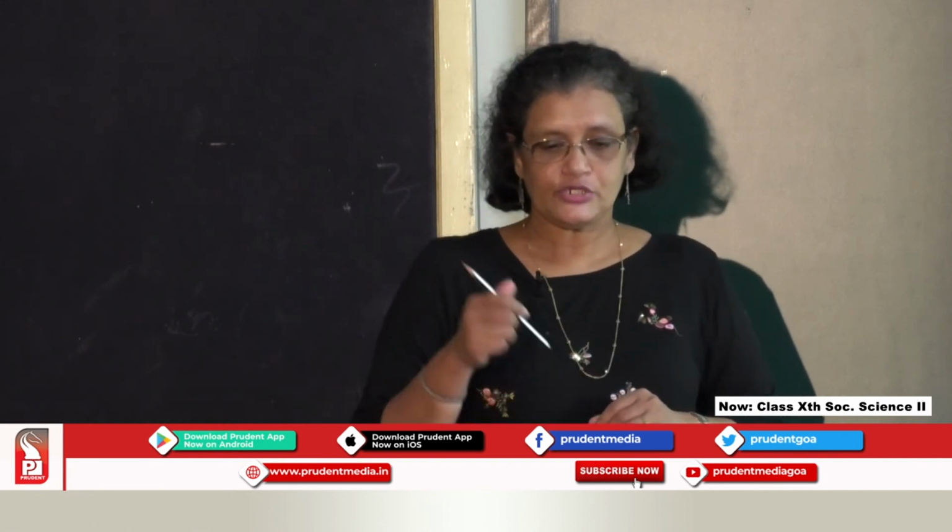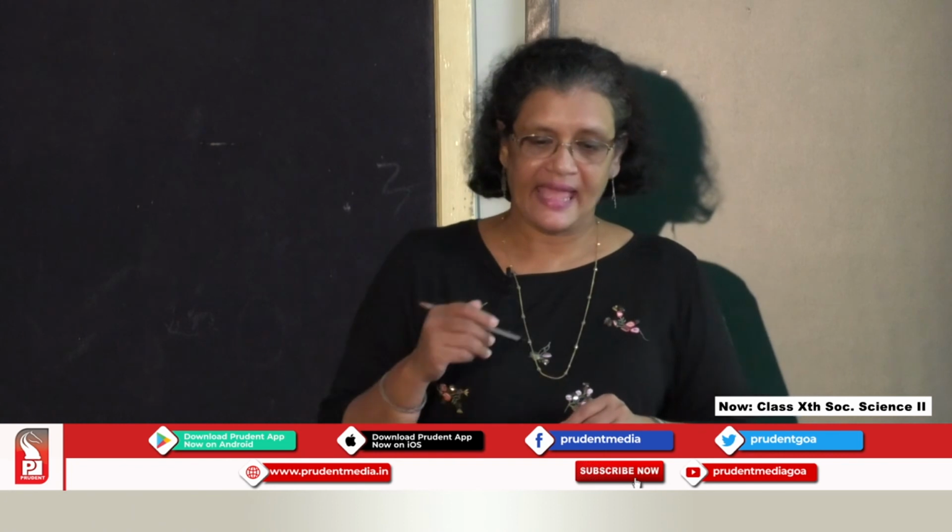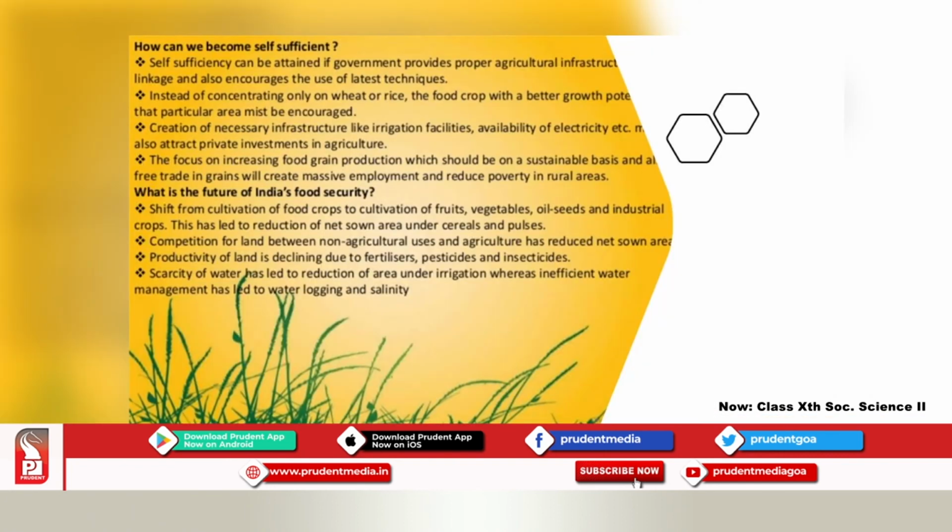There has also been a competition between non-agricultural and agricultural uses of land, which has reduced the net sown area. We see a lot of agricultural land sold for non-agricultural purposes, so there has been a tussle there.